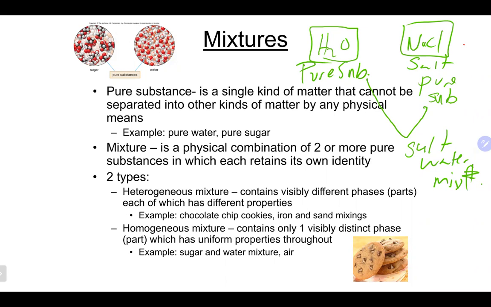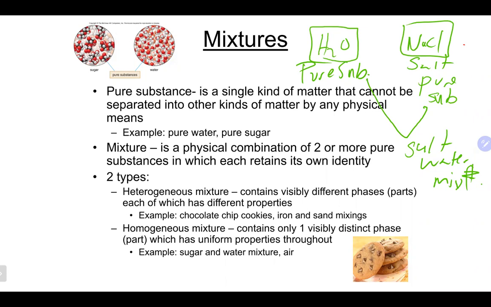Another type of mixture is a homogeneous mixture. A homogeneous mixture is one where, with sufficient mixing, you see one phase. Everything looks the same throughout, like our salt water. It just looks like water, but there is salt in there. You're not able to see it. It looks like one layer, and that is a homogeneous mixture.